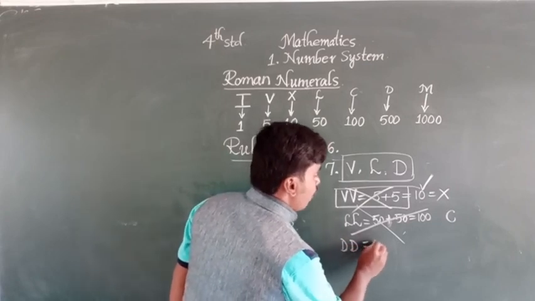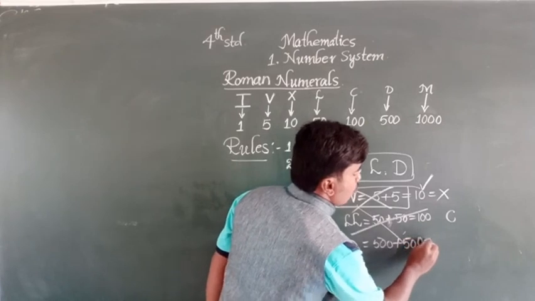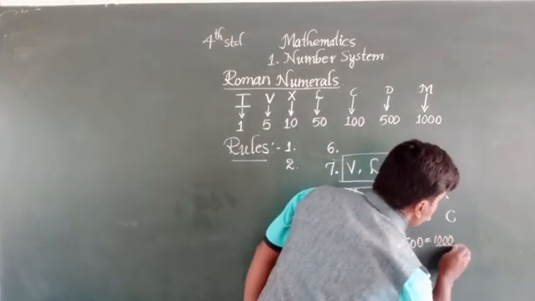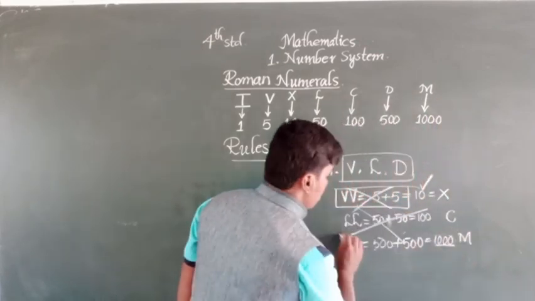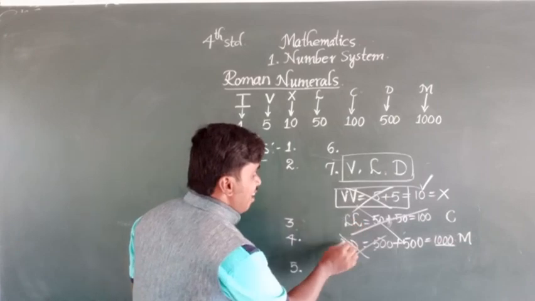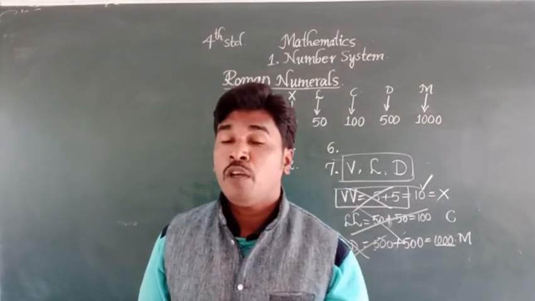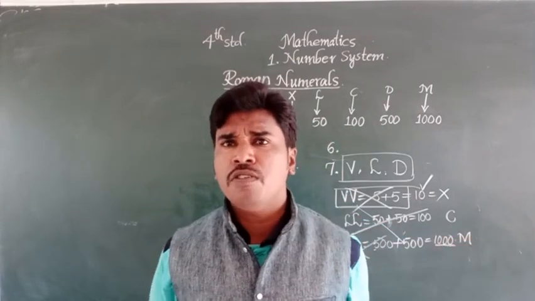DD, 500 plus 500, is equal to 1000. For 1000 we have another symbol, M. So V, L and D should not be repeated more than one time. You can use them only one time. More than one time is not at all possible.